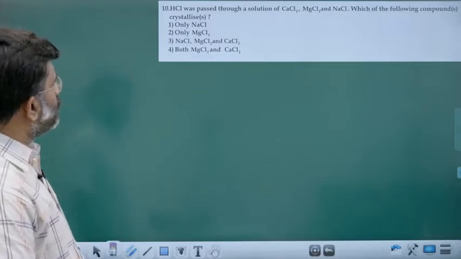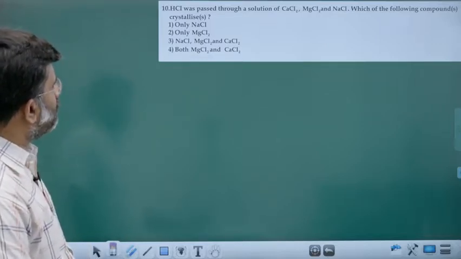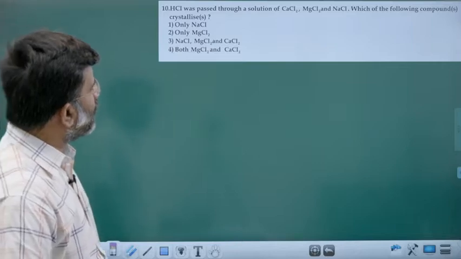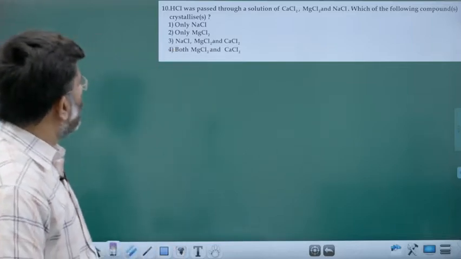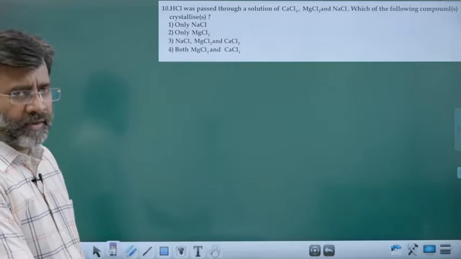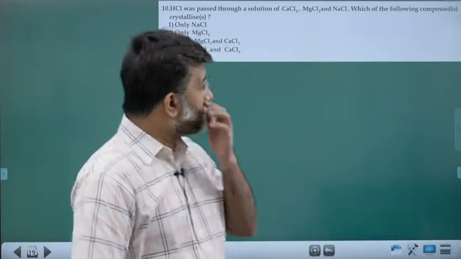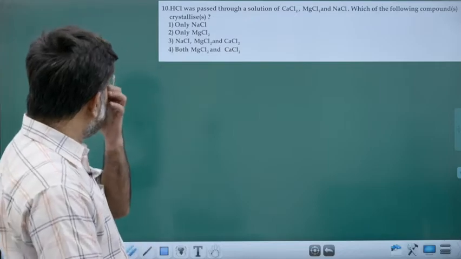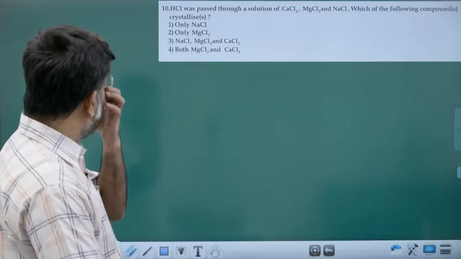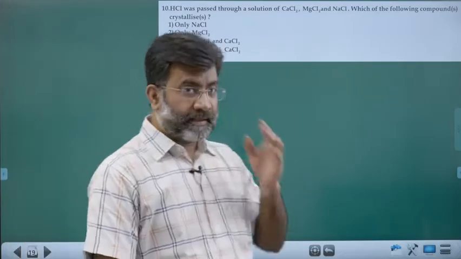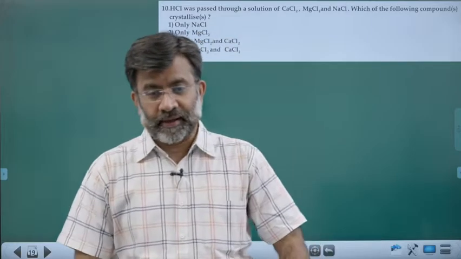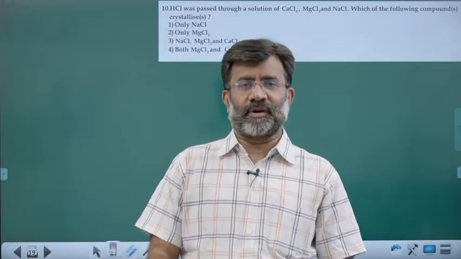HCl is passed through a solution of calcium chloride, magnesium chloride, and NaCl. Which of the following compounds crystallizes? This question has commercial industrial importance also.